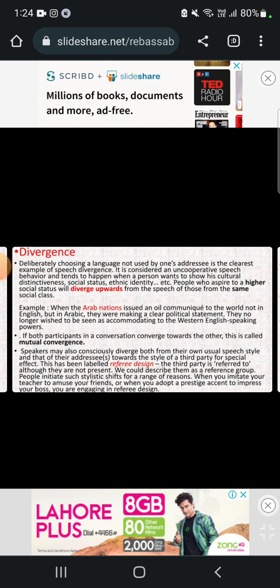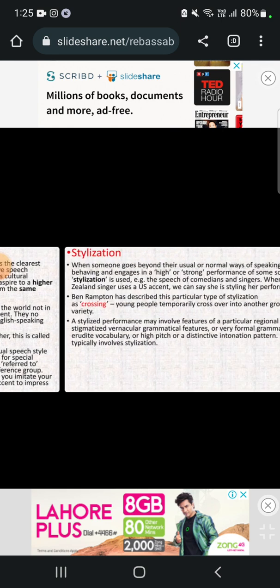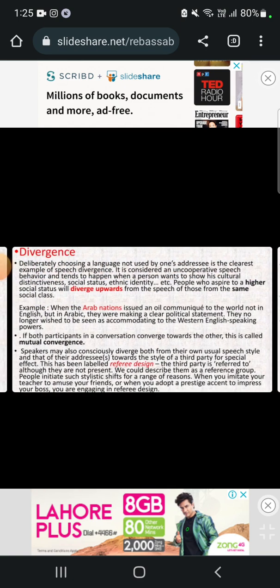Especially when you imitate your teacher to amuse your friends, you are adopting your teacher's style. Or you adopt a prestige accent to impress your boss, which is not yours or even your boss's. For example, if you try to speak in an American accent and your boss doesn't have an American accent, but you try to impress him, you're engaging in referee design.